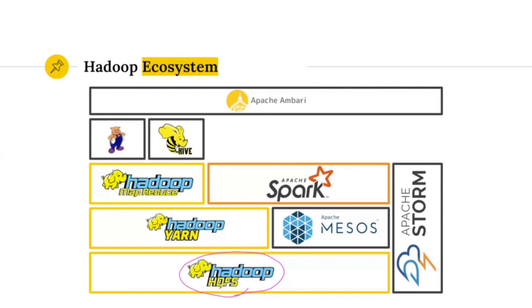Now, sitting on top of that is this thing called Yarn. It's a funny name. You'll notice that many names in the Hadoop ecosystem are quite funny, quite silly. Yarn stands for Yet Another Resource Negotiator. And like the name indicates, it negotiates for computing resources in your Hadoop cluster.